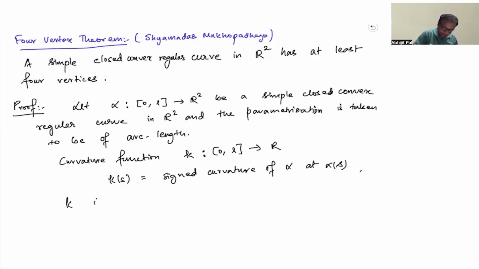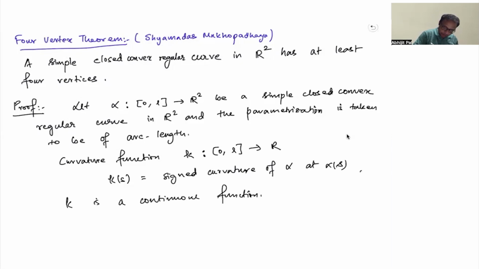So K is a continuous function. Therefore, it will attain its maximum and minimum value.